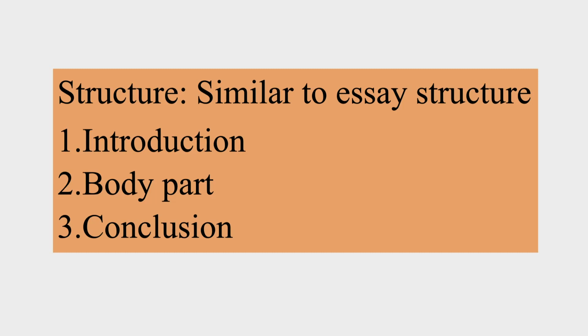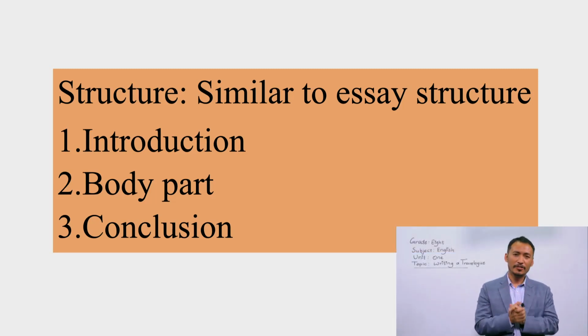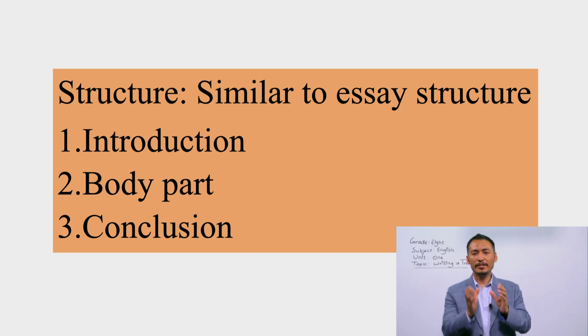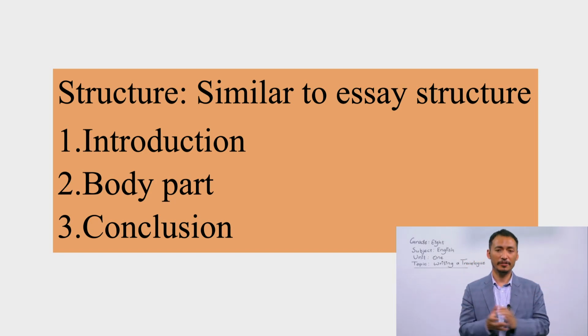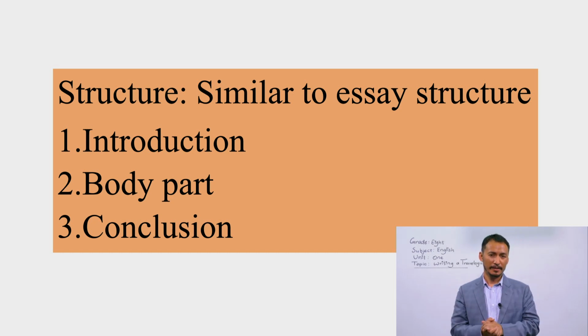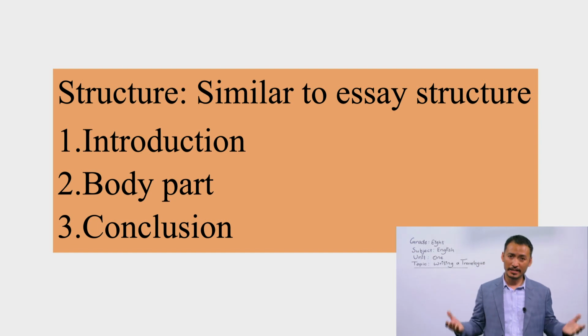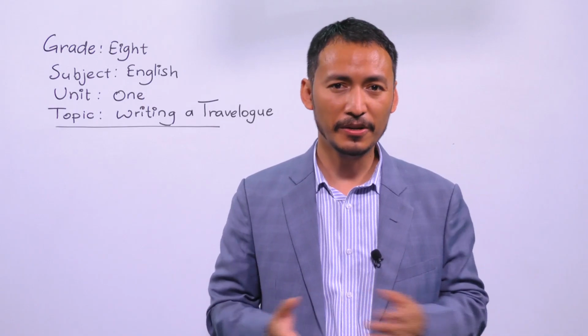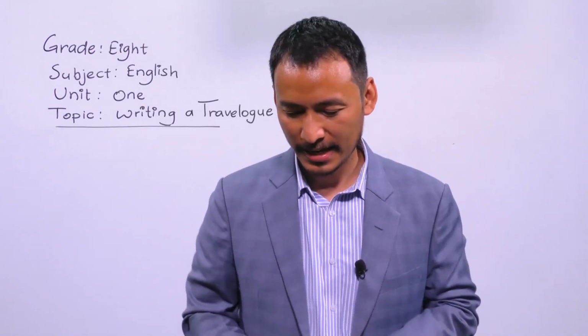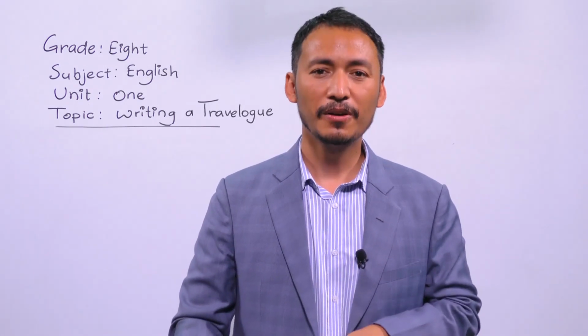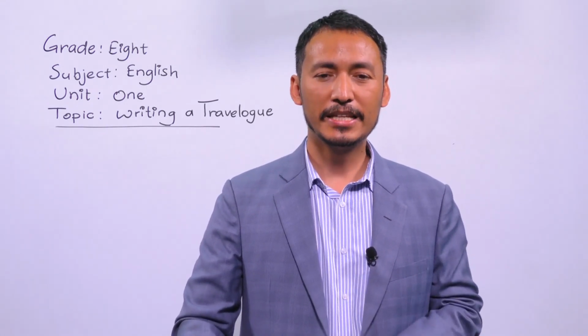So in this travelogue as well, you are going to introduce what you are going to talk about, and in the body part, what you did, what you saw, how you felt. These are the things you are going to describe. And in conclusion, what do you suggest to the visitors or other readers? This is going to be your conclusion. This is the structure you are going to follow. I'm going to give you an example.